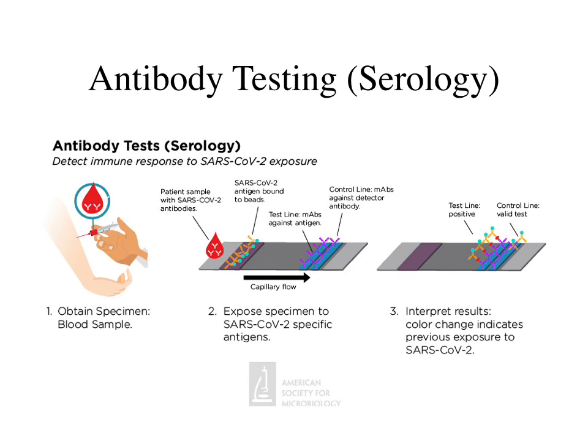According to the CDC, it typically takes 1 to 2 weeks for a patient to develop antibodies to COVID-19. Because of this delay, antibody tests are not currently recommended for the diagnosis of acute cases of COVID.